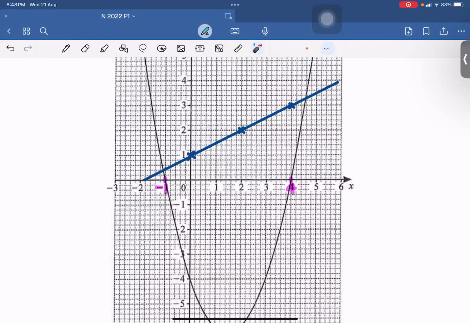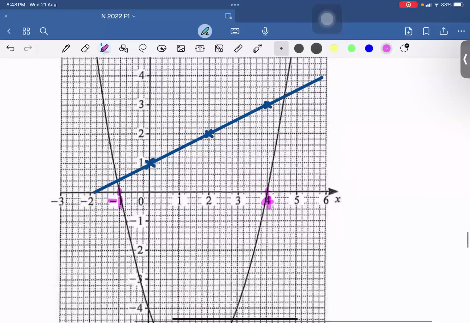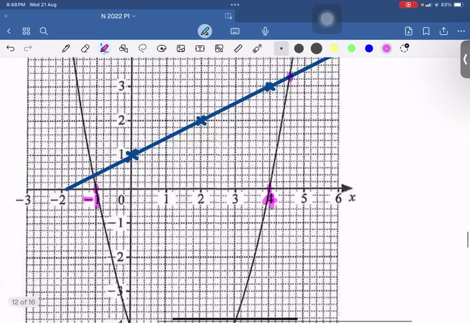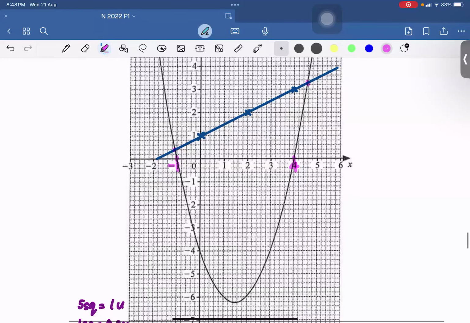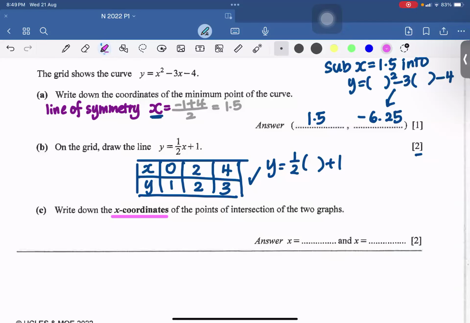What do you think they will ask you to do? Look for the point of intersection. Correct. I'm sure they are going to ask one. Let me read the next part of the question: write down the x coordinate. Do they want the whole point or just the x value?